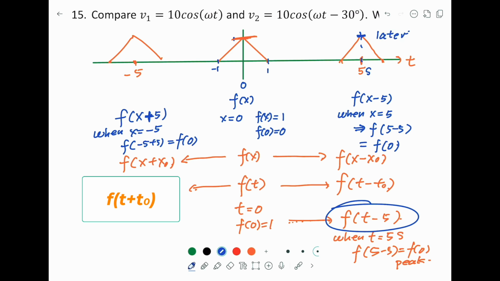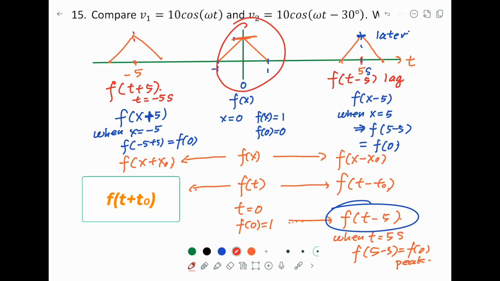Or we say f(t minus 5) lags compared with the original function here. Now the same argument, if you put this function f(t plus 5), what I mean is, when t equals negative 5 seconds, this function will reach the peak, unit 1.